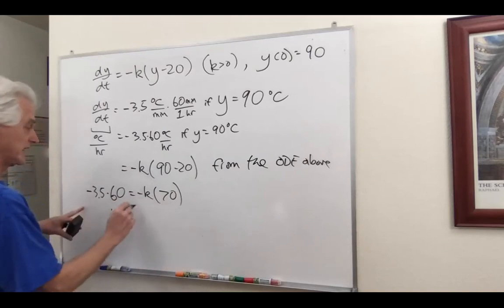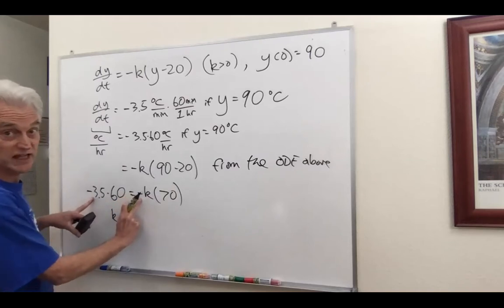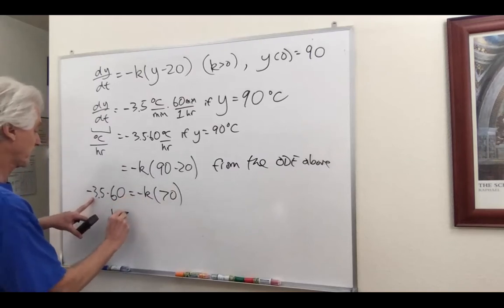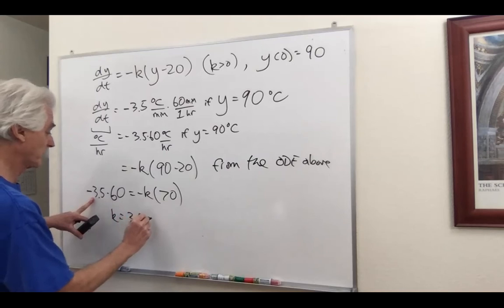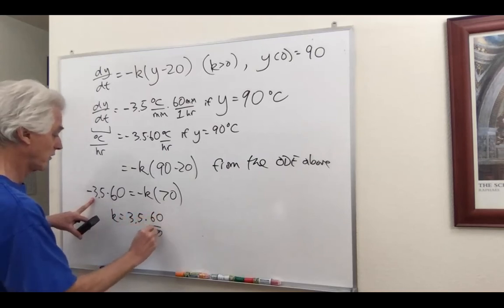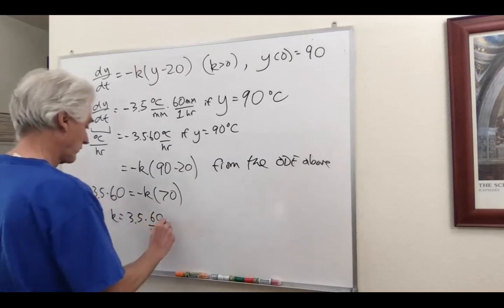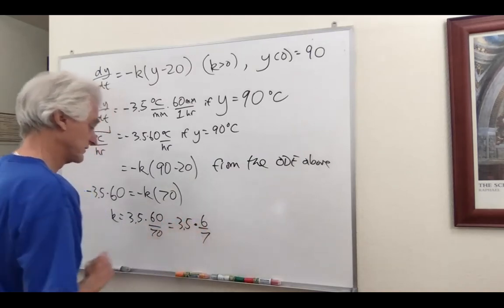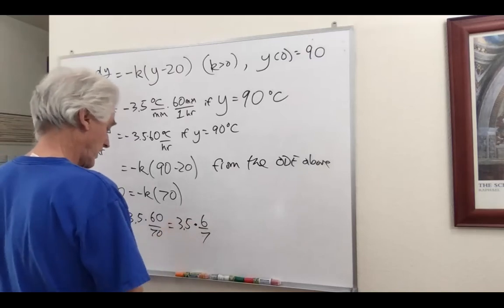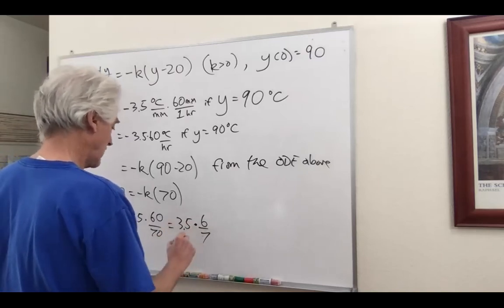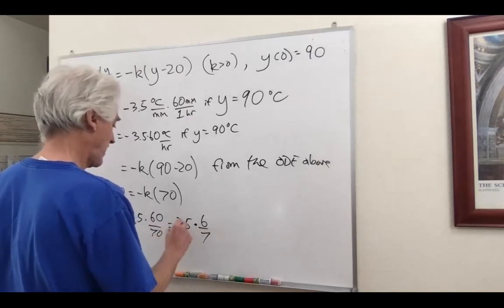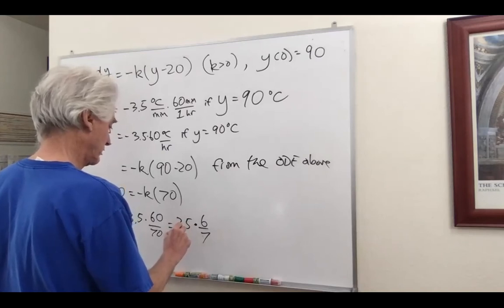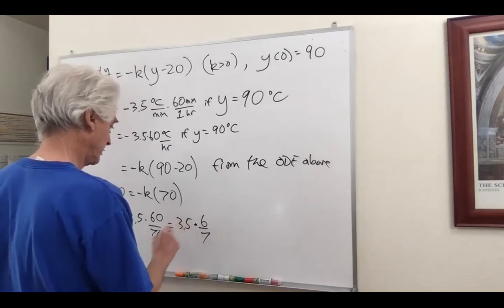So k is, the two minuses cancel, the positive 3.5 times 60 over 70. Right? So it's 3.5 times 6/7. Okay, what is that? Okay, 7 times 5 is, let me see.